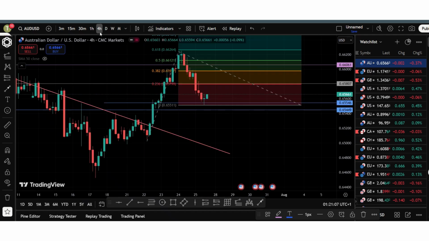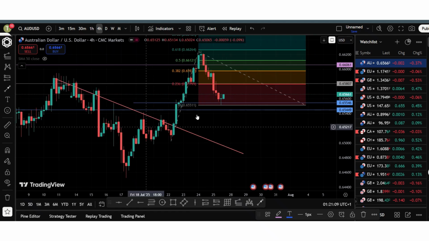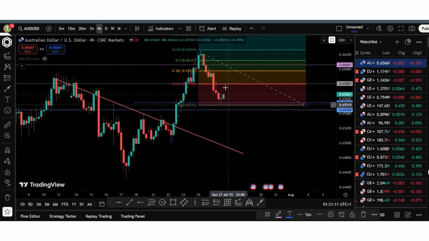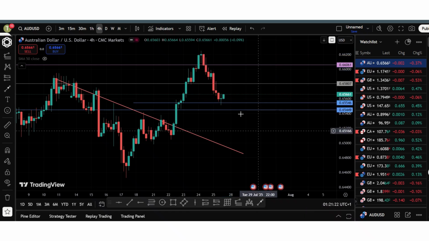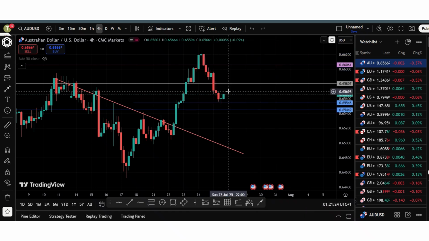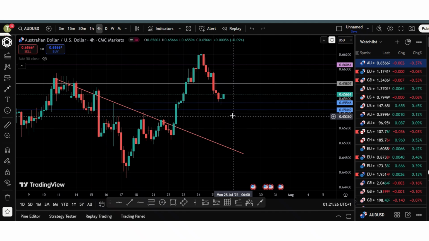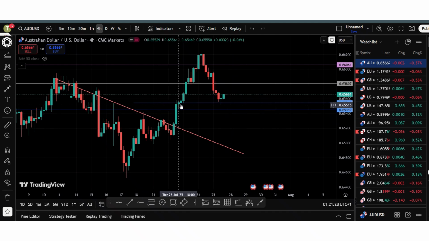Looking at this Fibonacci extension, we're expecting some buys from here. So for a good stop loss on this trade, if you're going to take a buy from here, you can risk 1% of your capital. The stop loss should be somewhere here below this level.